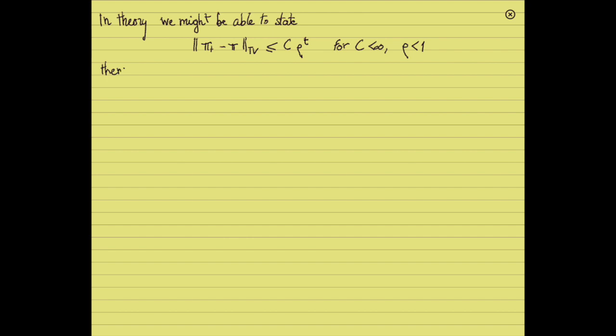And so it's meant to be practical in the sense that if we have such results, then we can talk about the mixing time, more precisely the epsilon mixing time, defined as T of epsilon is equal to the infimum over all times such that the distance between pi t and pi is less than epsilon. So T of epsilon is the first time at which the total variation distance between pi t and pi is less than epsilon.